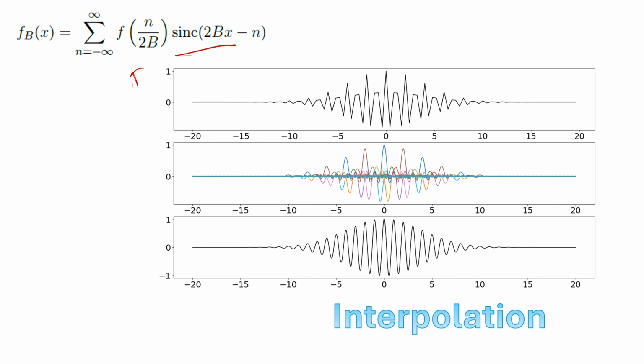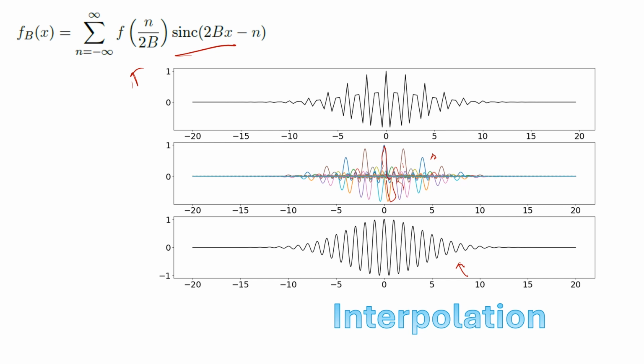This is the sinc at 0, this is the sinc at 1, 2, and so on. We've multiplied each sinc by its sample, and then plotted all the sincs together on a line. We take all the curves on this line and add them together, and we recover the original signal, which is what the Whittaker-Shannon sampling theorem would predict.